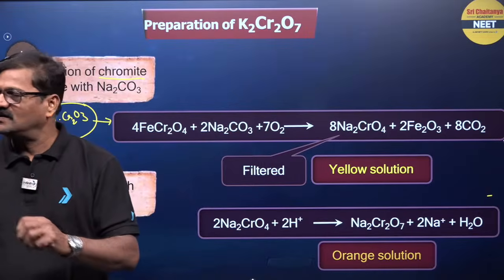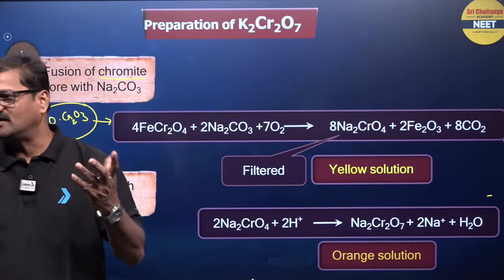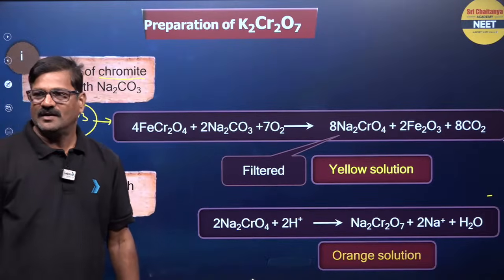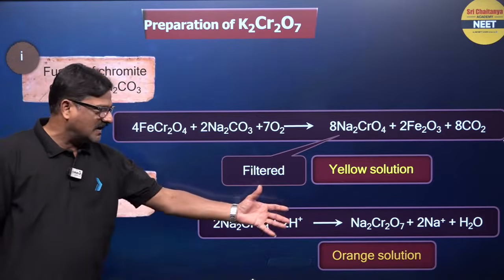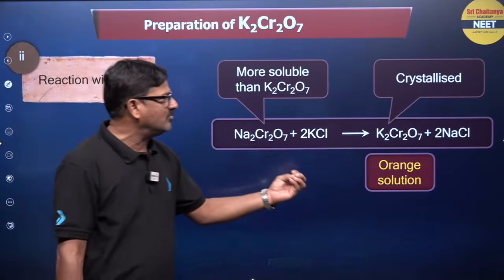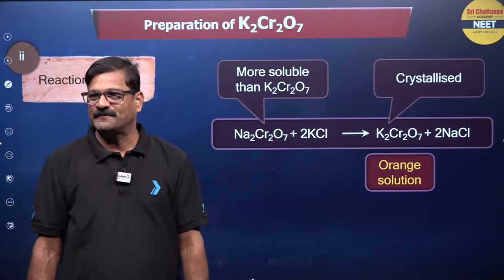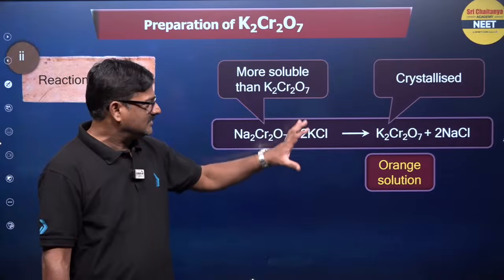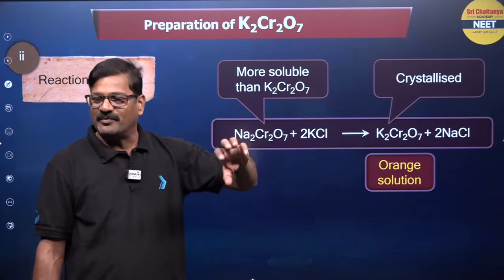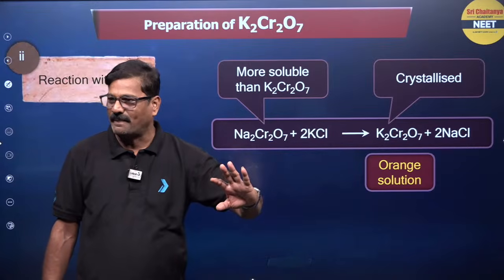And this orange solution is treated with potassium chloride, so that the less soluble K2Cr2O7 is crystallized. And this crystallized compound is separated and purified to get potassium dichromate.